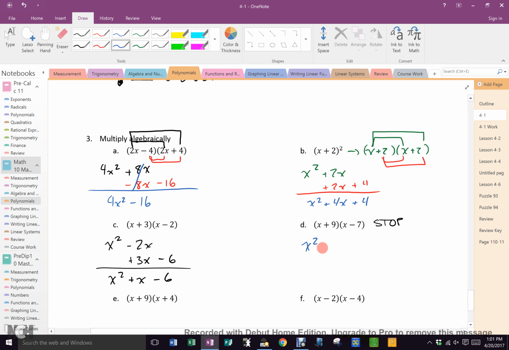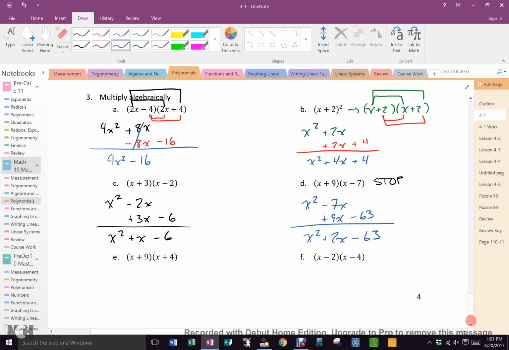X squared minus 7x plus 9x, and 63. X squared, negative 7 plus 9 is positive 2x minus 63. Now, are you ready for the shortcut?